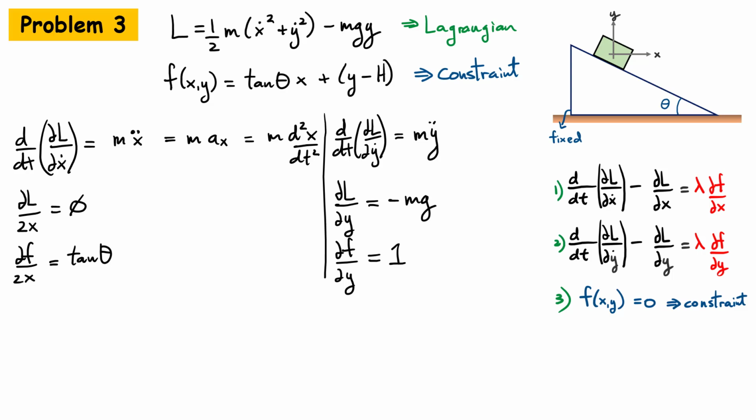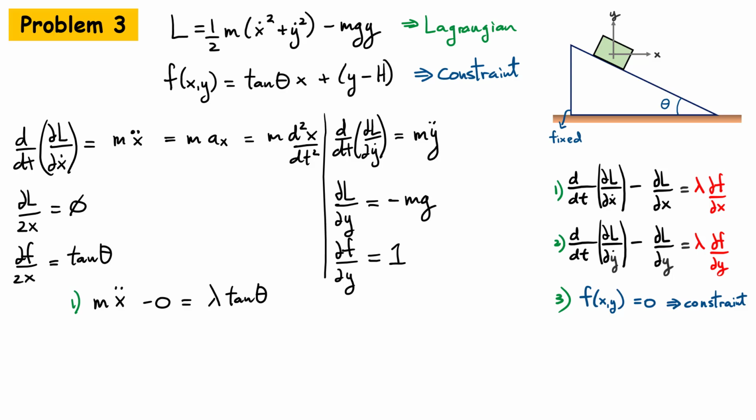Now we substitute everything into our Euler Lagrange equations. The first equation looks like this. The first term we had was m x dot dot, minus 0, and this is equal to the Lagrange multiplier lambda, which I don't know yet, multiplied by df over dx, so that is tangent of theta.